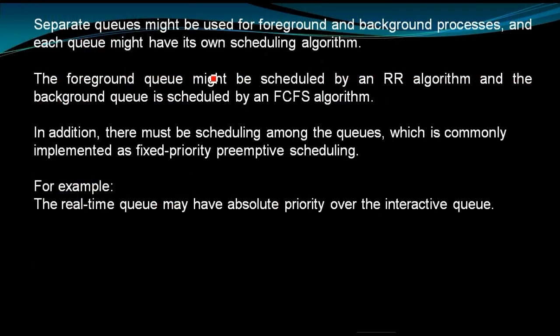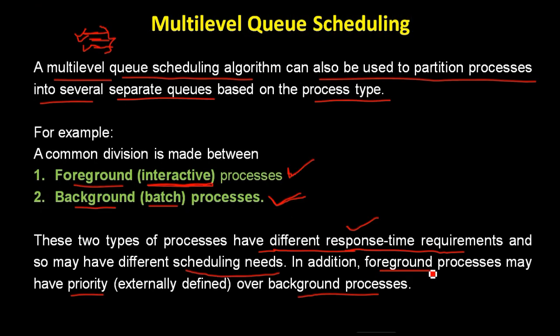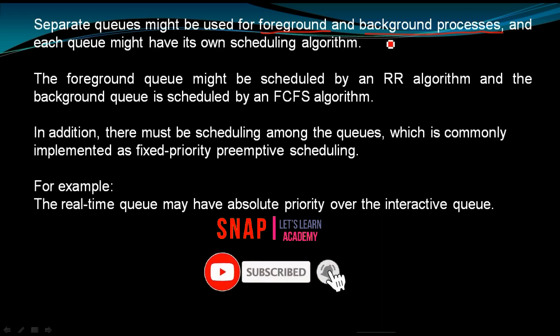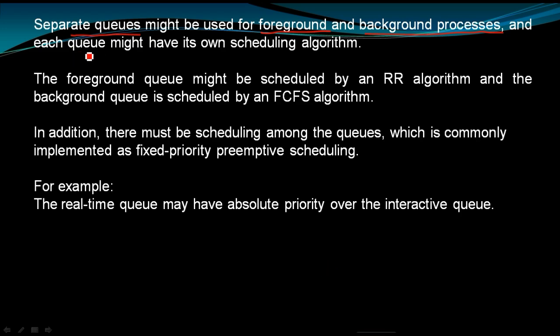Now, separate queues might be used for foreground and background processes because their needs and types are different. As we discussed, foreground processes may have higher priority over background processes. Because these are interactive processes, foreground processes have higher priority and background processes have lower priority, hence we have separate queues.